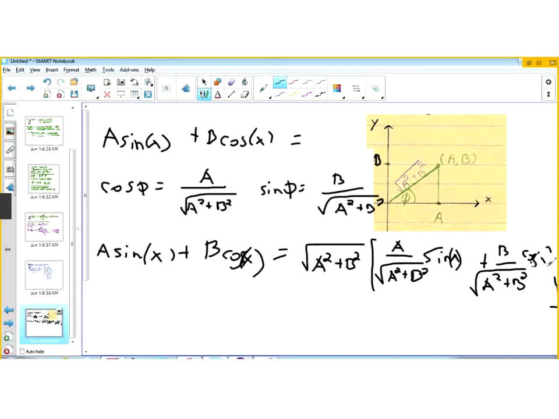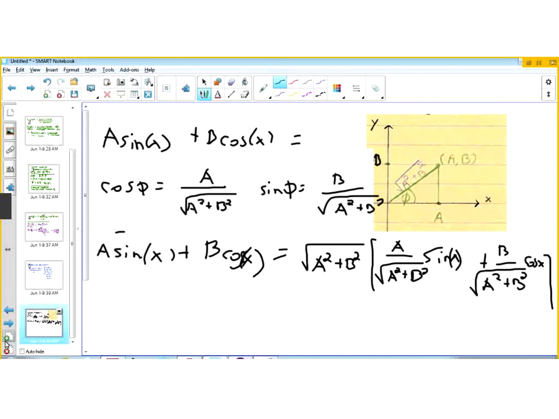Okay, so we'll use x. That's the cosine of x. Sorry. Okay, so this expression, we can reformat it this way.